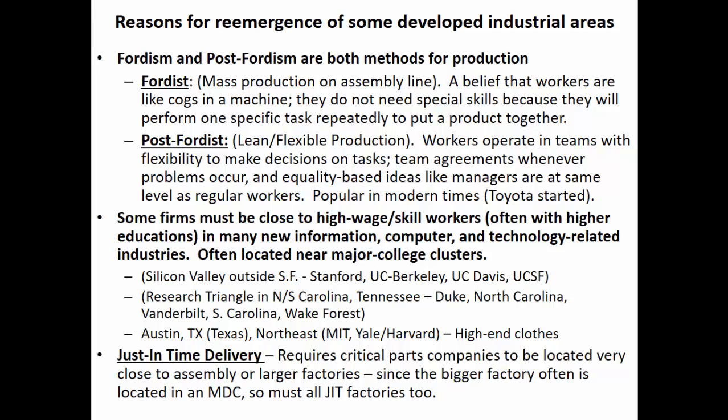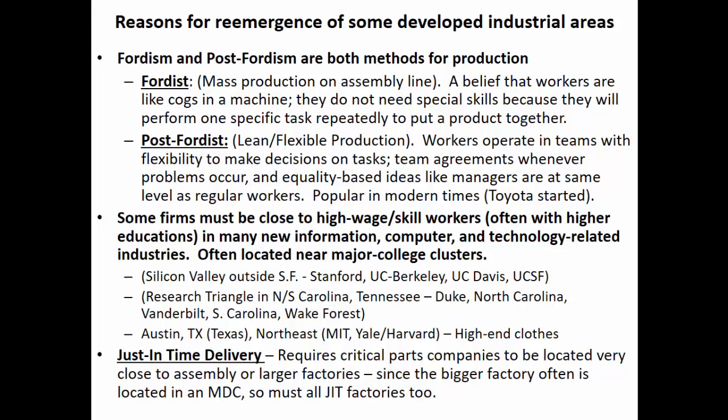The same situation has happened across the country in North and South Carolina and Tennessee. We have a cluster of really powerful academic institutions in the South. Duke, North Carolina, Vanderbilt, South Carolina, Wake Forest, all located in kind of a triangular shape. So it's called the Research Triangle that takes advantage of medical graduates, research graduates in science and engineering and technology and medicine.